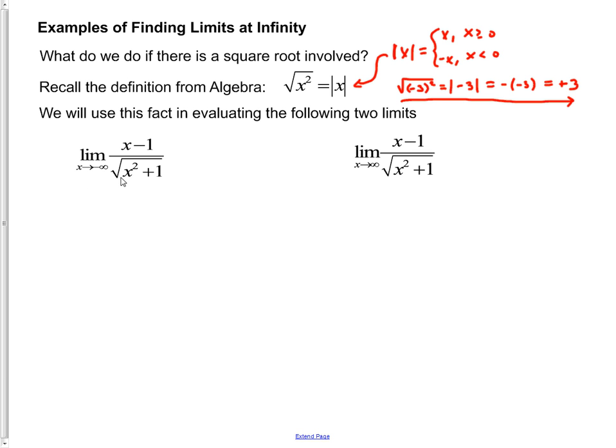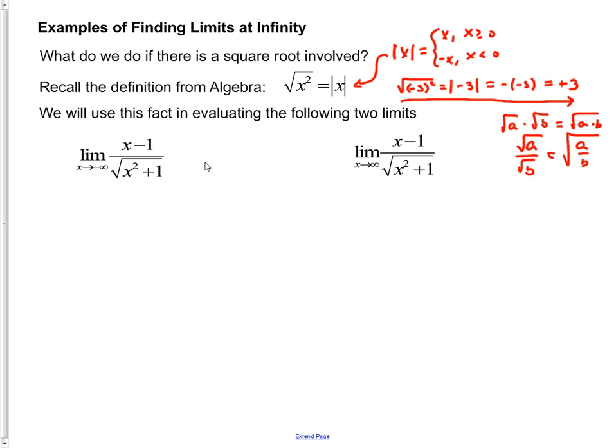Because we've got a square root of 1 over x squared, really the only way to get rid of something under a square root is to use the rule that the square root of a times the square root of b is equal to the square root of a times b, and the other rule, which says the square root of a over the square root of b is equal to the square root of a over b.